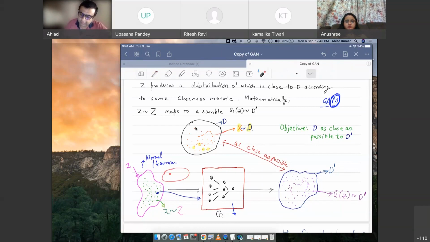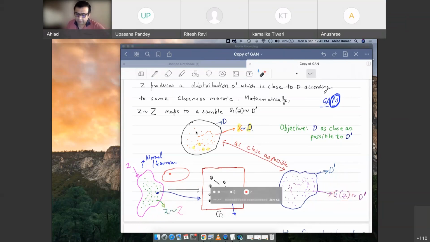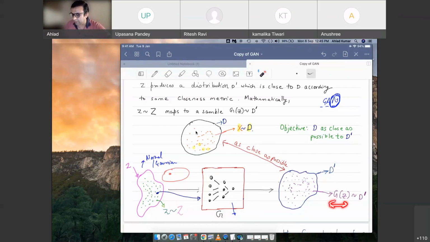It's a contour plot for this Gaussian or normal distribution. So we take a random seed, a random noise, from this distribution and feed it into this block, capital G. G transforms this random variable Z, or a seed, into G of Z. When you pass it through a transfer function capital G, the randomly sampled variable becomes G of Z. All the data points lying inside this are G of Z, and G of Z will have some distribution D hat.